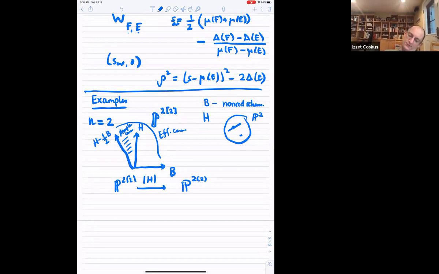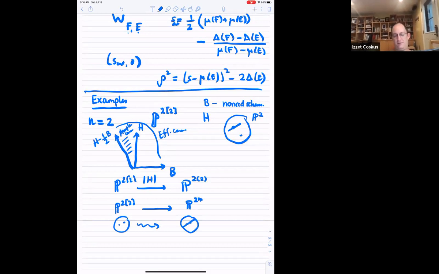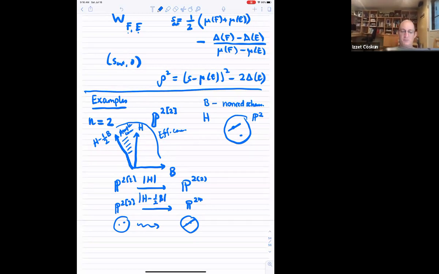I have a map from P2 of 2 to P2 dual, given 2 points, you send it to the line spanned by those 2 points. And this is a morphism even when you have a non-reduced scheme, right? You have a well-determined line, okay? And so this is given by H minus a half B. So you see that all the interesting models from this picture are the Hilbert scheme's morphism and this map to P2 dual.